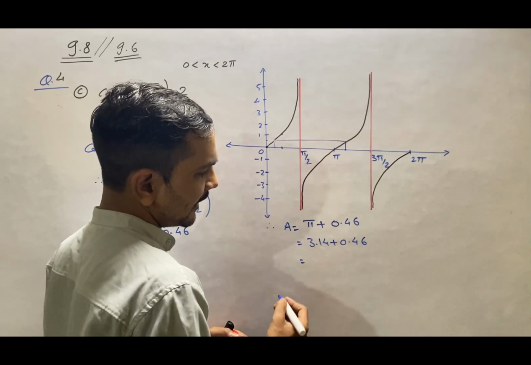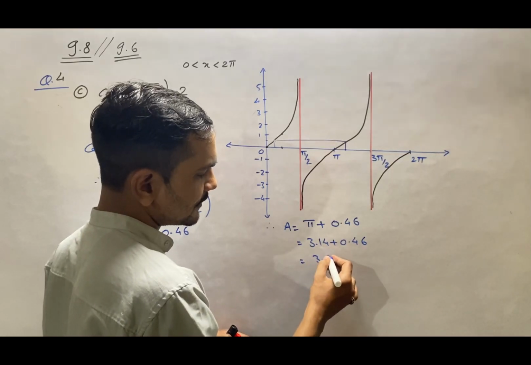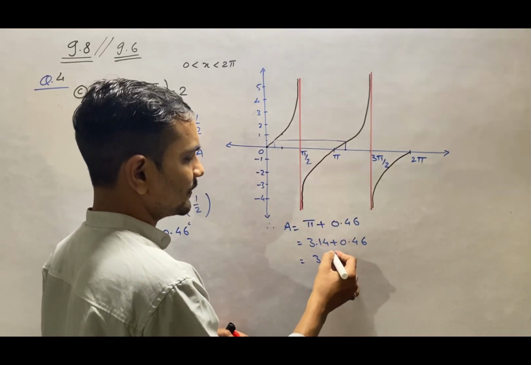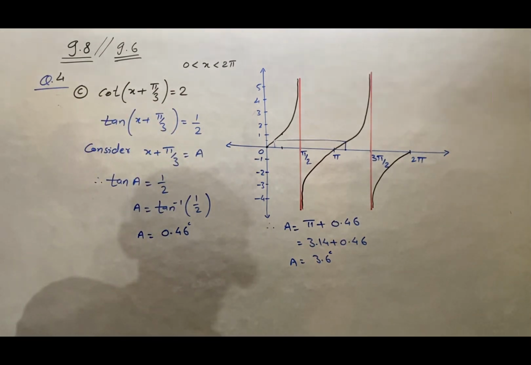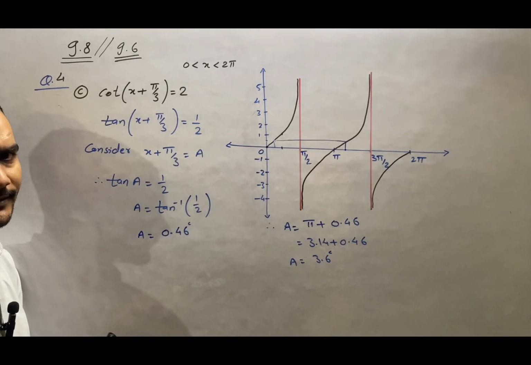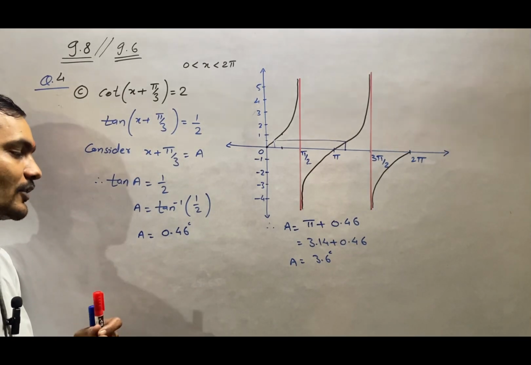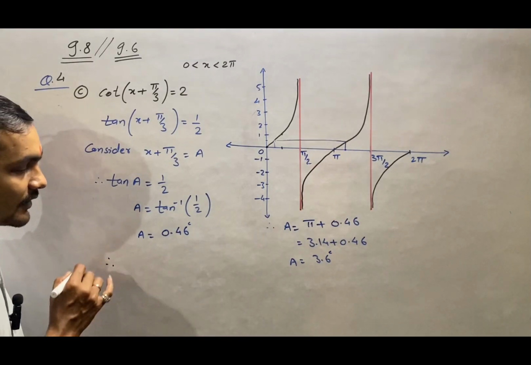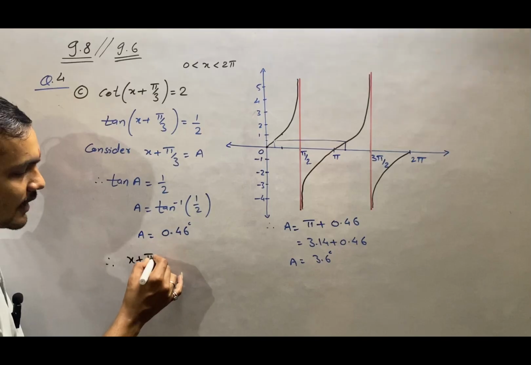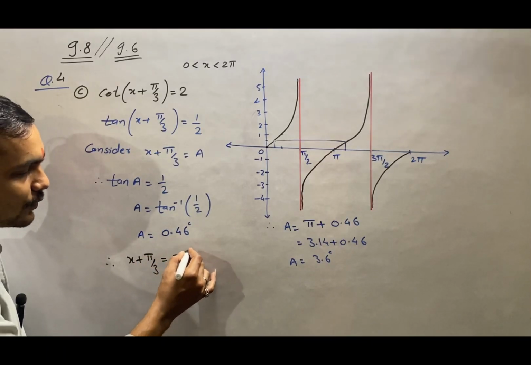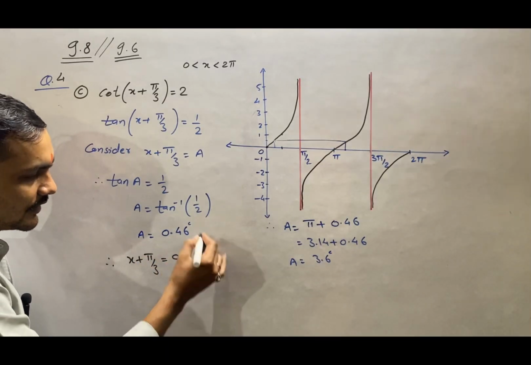If we add, then 3.6 radian. But this is the value of A, not x. Now we have to solve for x. So let's resubstitute the value of A. The value of A is x plus pi over 3, that is equal to 0.46 radian.